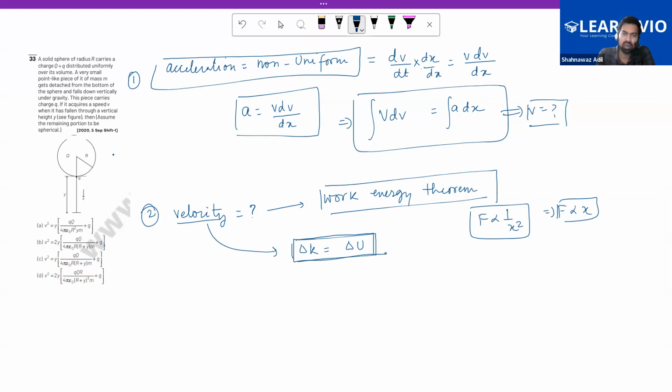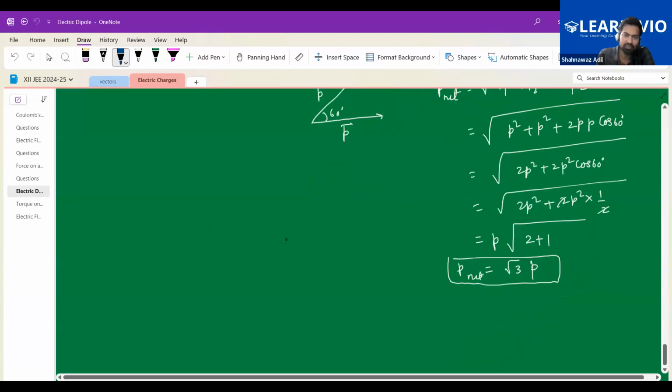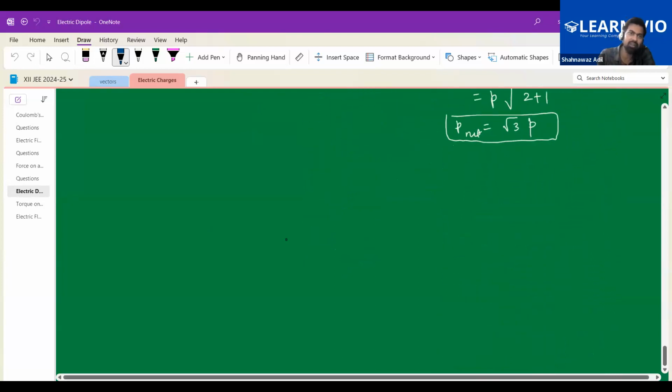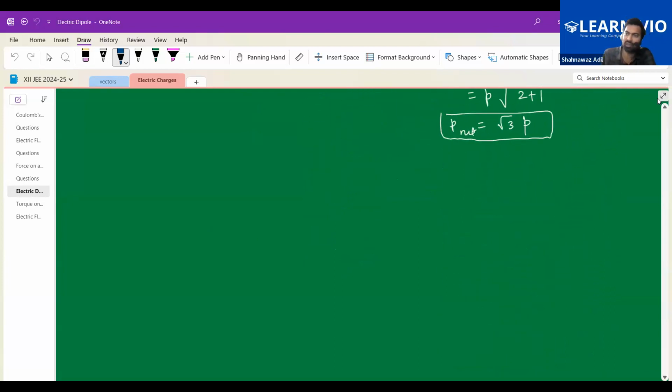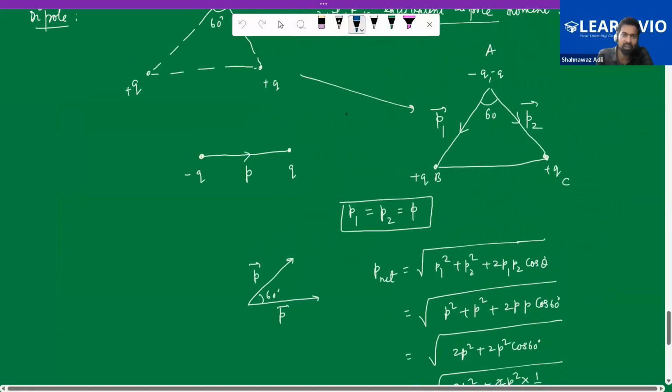Okay, so now we were talking about the next part, which was electric dipole and the torque. We have this electric dipole and the torque experienced by this electric dipole. This is the last question that we did.